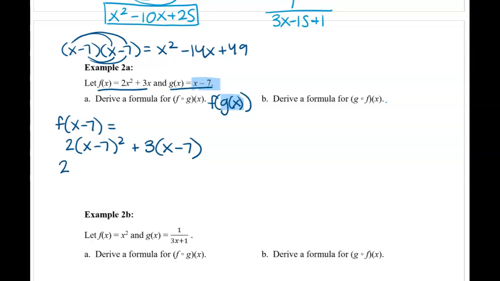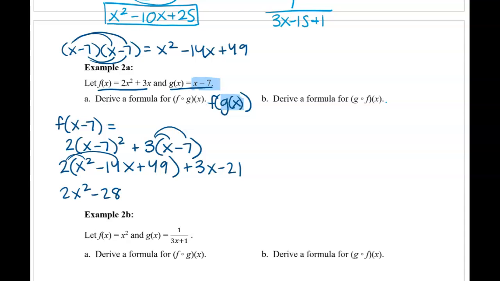So this is really 2 times x squared minus 14x plus 49 plus 3 for x. 3 times x is 3x minus 21. So this is 2x squared minus 28x plus 98 plus 3x minus 21.